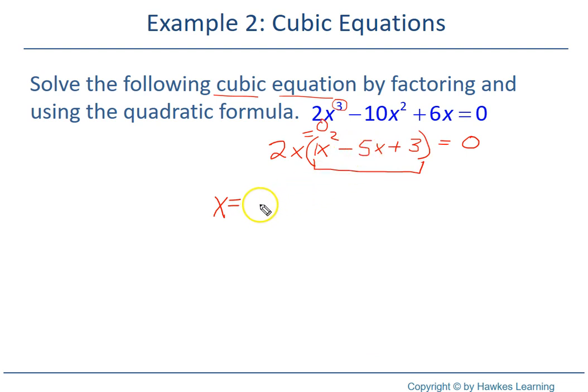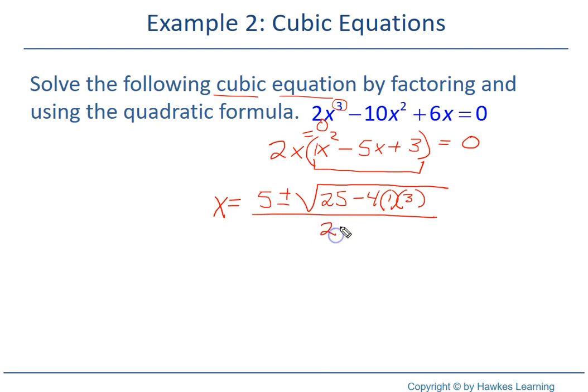So our B is -5, so the opposite of -5 is a positive 5, plus or minus the square root. -5 squared is 25, minus 4 is in the formula. Our A is 1, our C is 3, and this is all over 2a, which is 2 times 1 is 2.